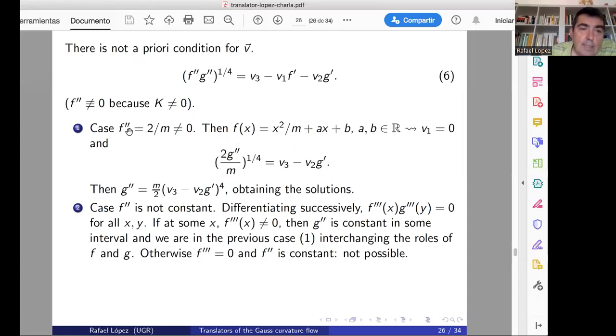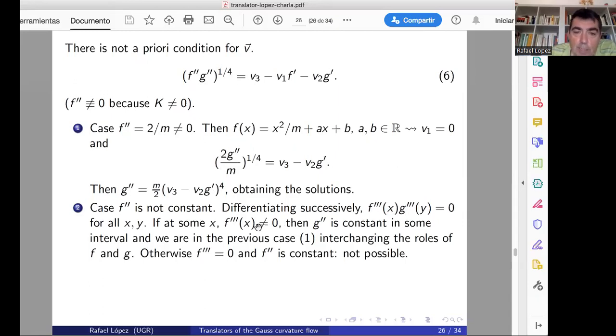If the second derivative is not constant, and then interchanging the role, the second derivative of g is not constant, then after some differentiation of this equation, you obtain this equation: f''' times g''' is equal to 0.